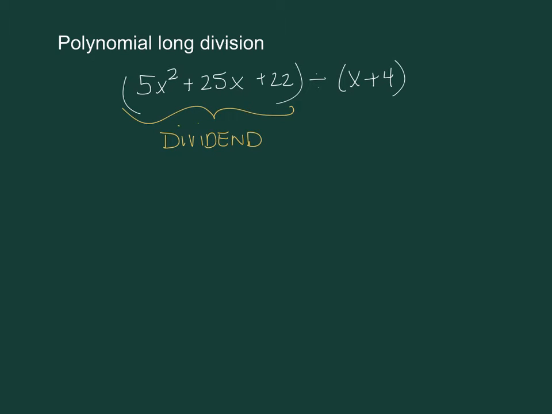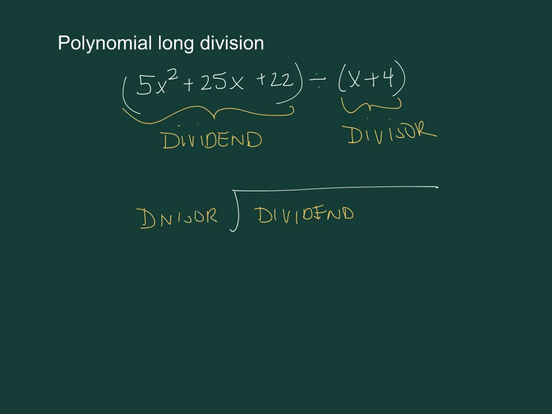Second term is the divisor. That's the thing that goes outside the sign. So if I have my division sign here, dividend goes under the sign. Okay, so this is everything back from elementary years, and divisor goes outside the sign.